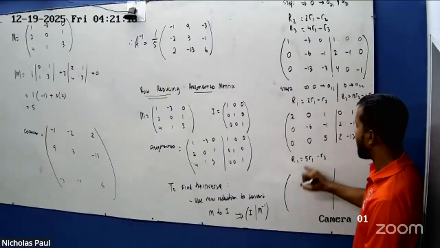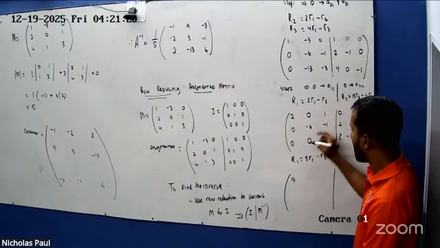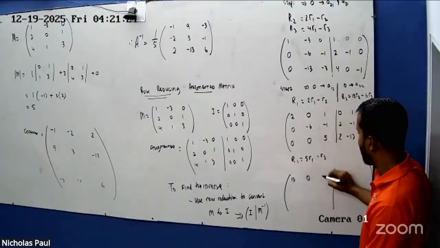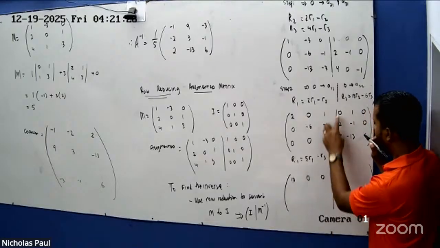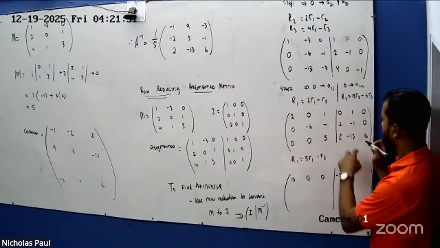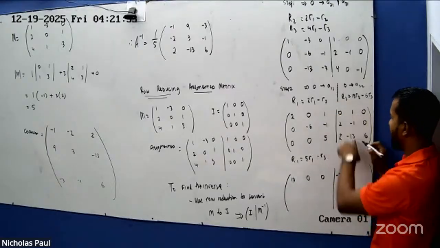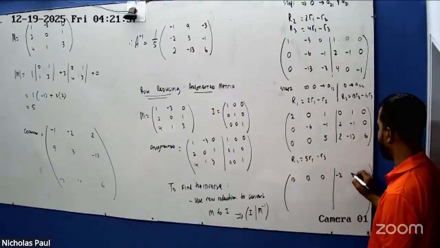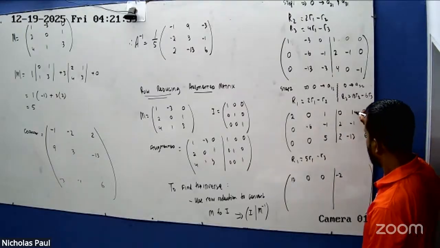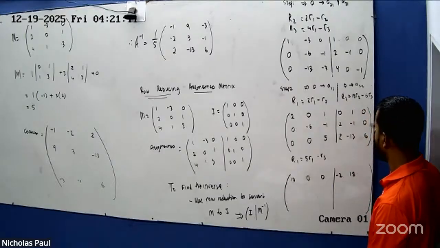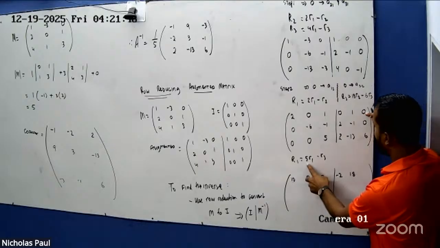Now you will get 10, 0, 5 minus 5 is 0. 0 minus 2. 5 minus 13 is 18. Right? 5 minus 13 is 18. Right? 0 minus 6.